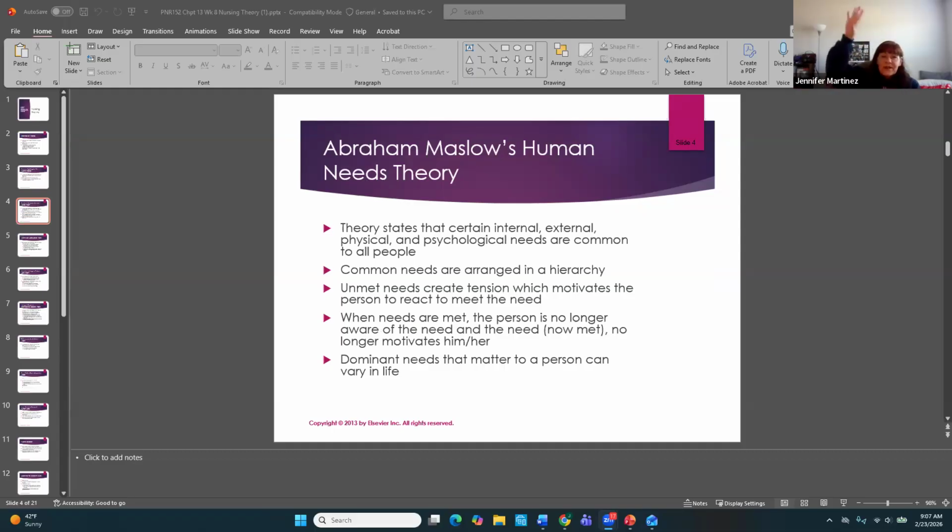And he has them arranged in that nice little triangle or hierarchy. Unmet needs create tension, which motivates the person to react to meet the need. So, what's at the bottom of Maslow's hierarchy? What are the basic needs that everybody needs?